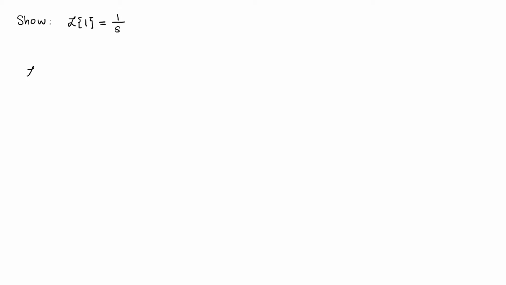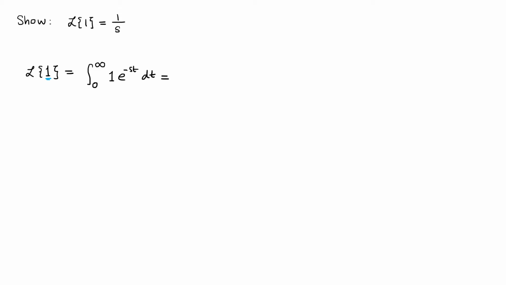So if we're taking the Laplace transform of the constant function 1, what we want to do is calculate the improper integral from 0 to infinity of our function 1 times e to the negative st dt. And we want to do this integral.